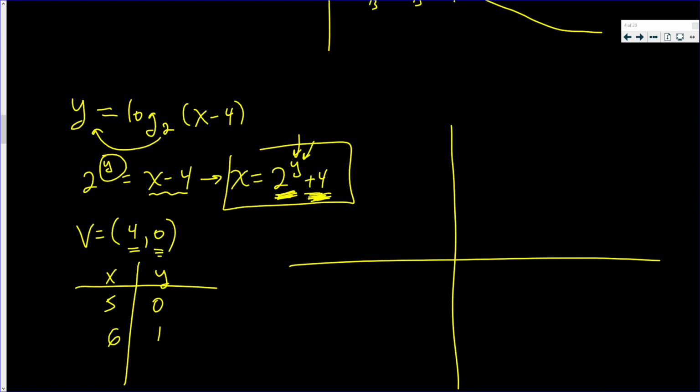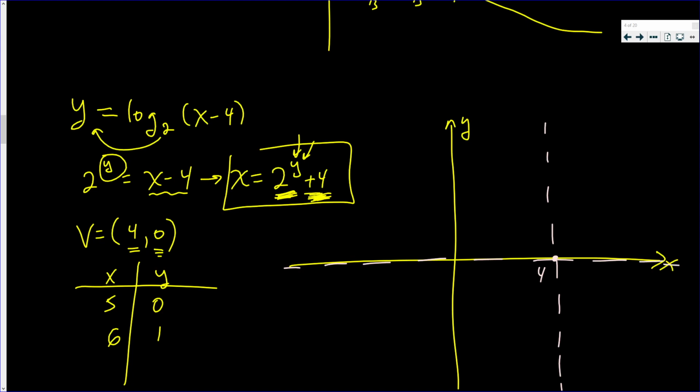But we have to draw the vertex. 4, 0. That's right here. We pretend that this, for graphing purposes, that's the y-axis, and this here is the x-axis.